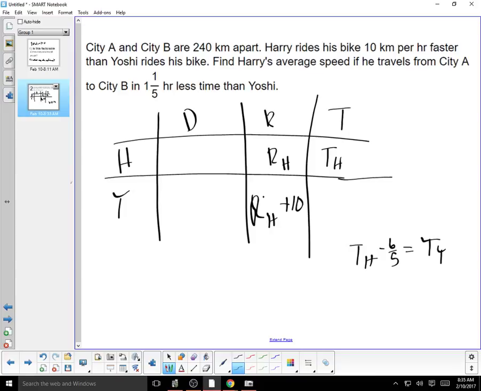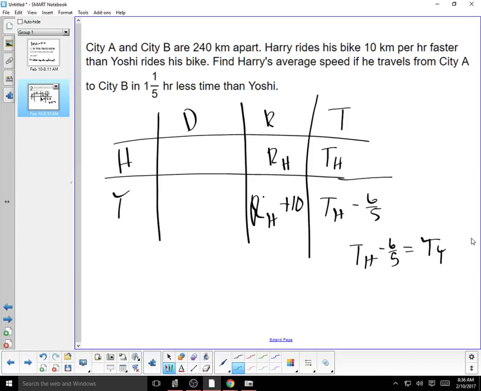So this is TH minus 6/5. And they just want us to find Harry's rate, which is this here, right?